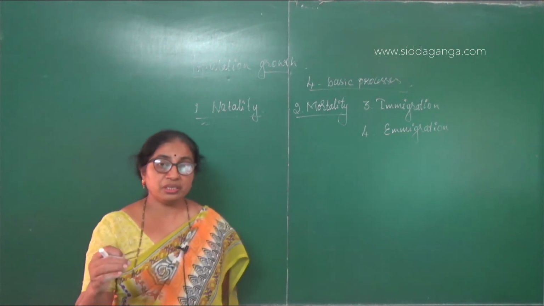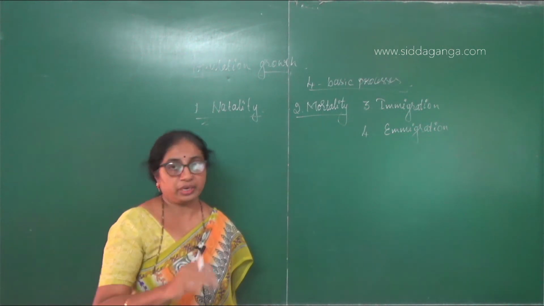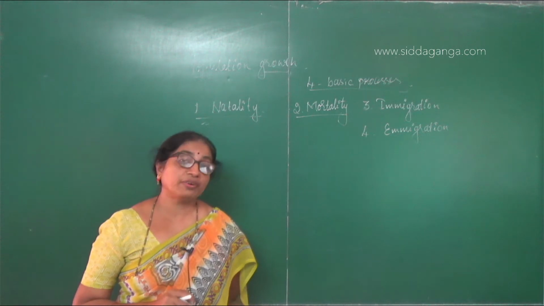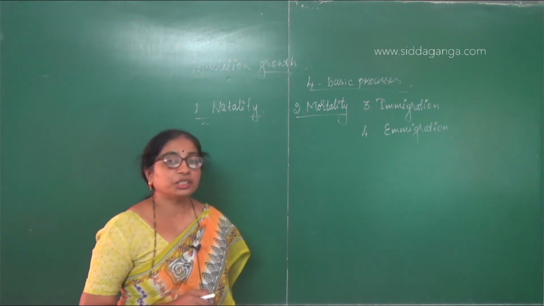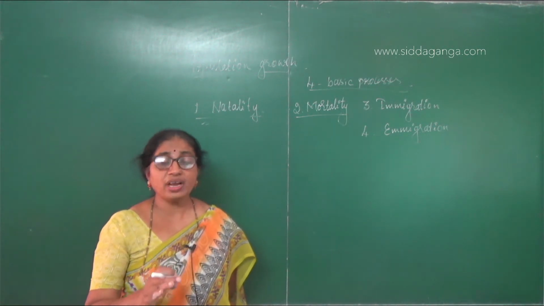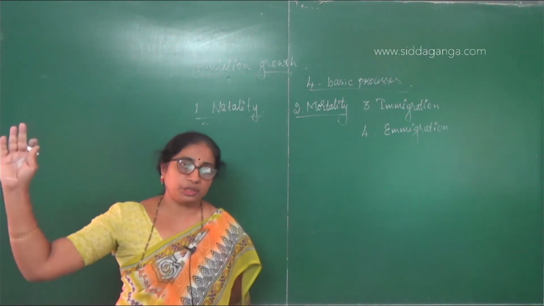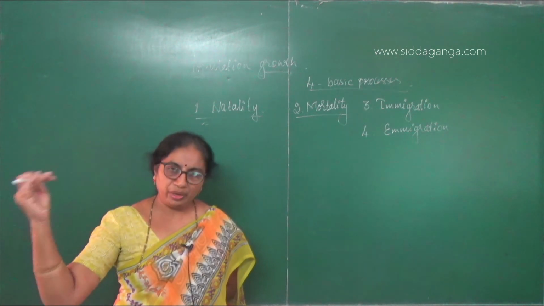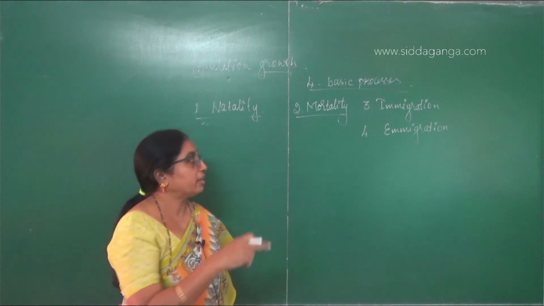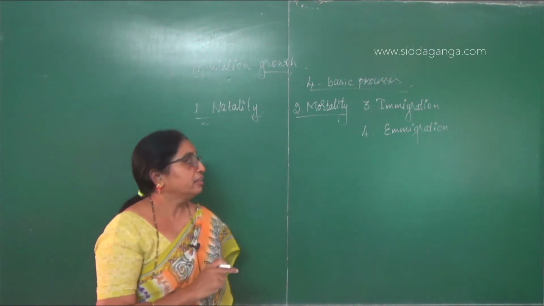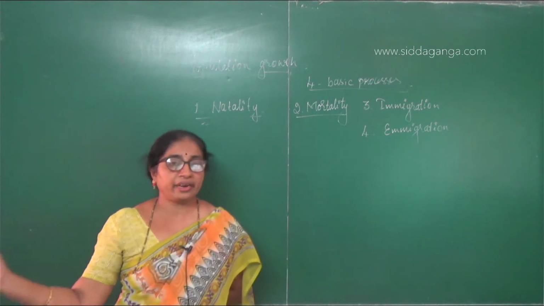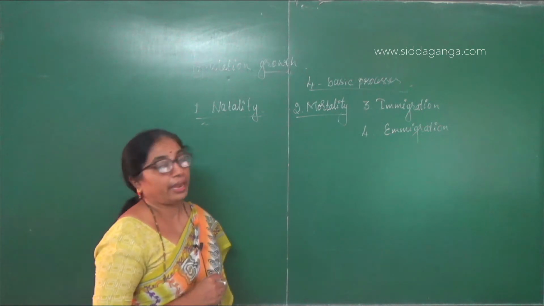So immigration is individuals which are added to that particular habitat who come from elsewhere, and emigration is going out of the habitat to elsewhere. So coming into the habitat from elsewhere is immigration, and going out of the habitat to elsewhere is emigration.